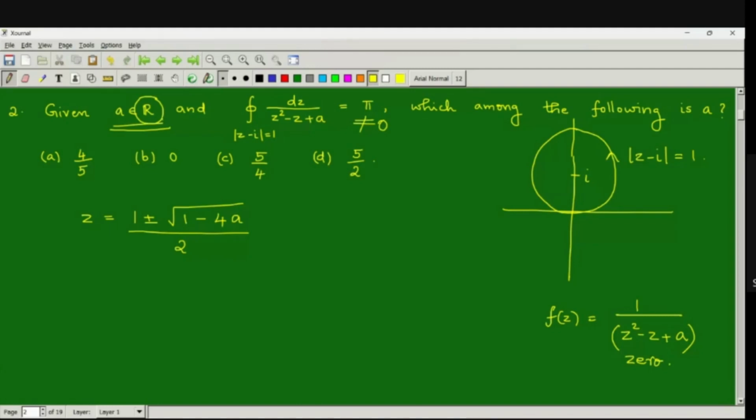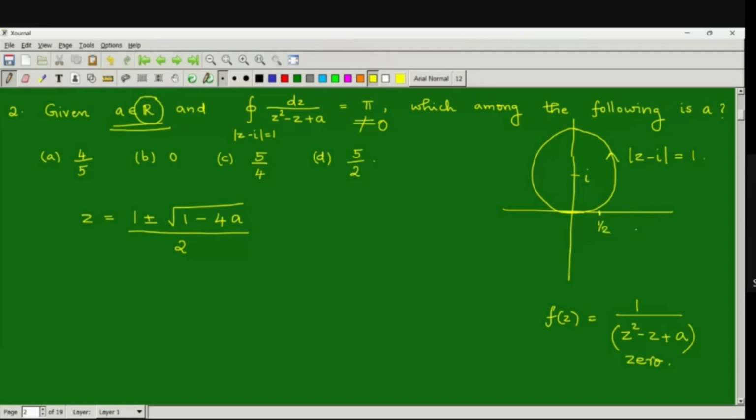Now comes the role of a is in R. So the next thing you have to do is have a look at these roots. What is this? It is 1 by 2 plus something. So 1 by 2 is somewhere here. Actually, the circle does not pass through this point. It just touches, right? So 1 by 2 is somewhere here.